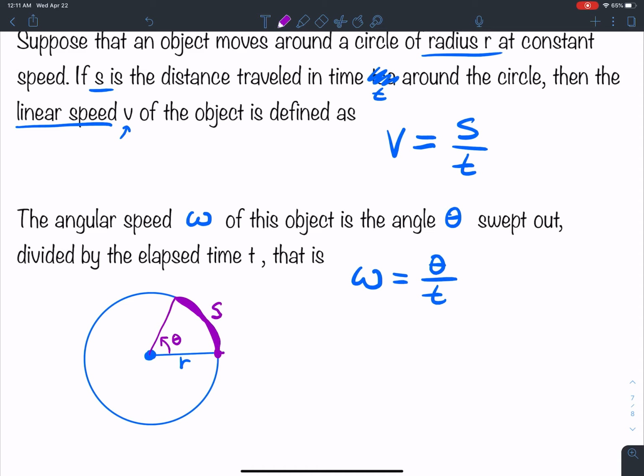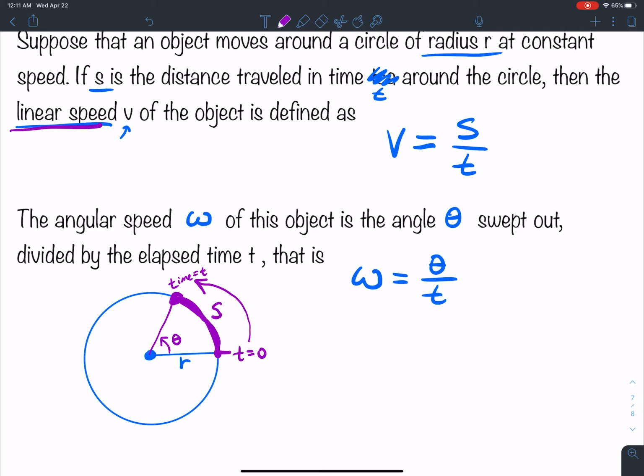When we start here, time is equal to 0. But as I go through, I get to here, the time is equal to t. So after t minutes, seconds, hours, whatever the units are, that's where we end up. And we want to know what was our linear speed v to get there? It's the distance traveled divided by how much time, okay?